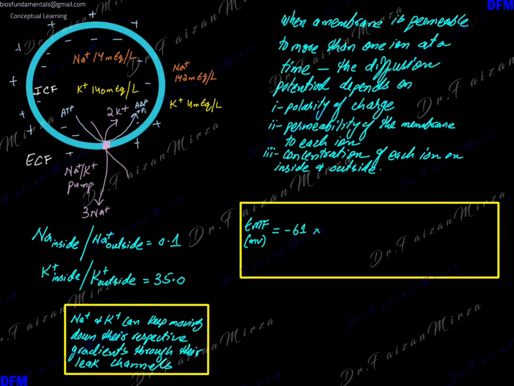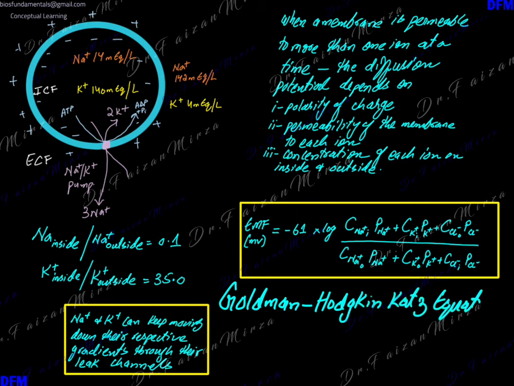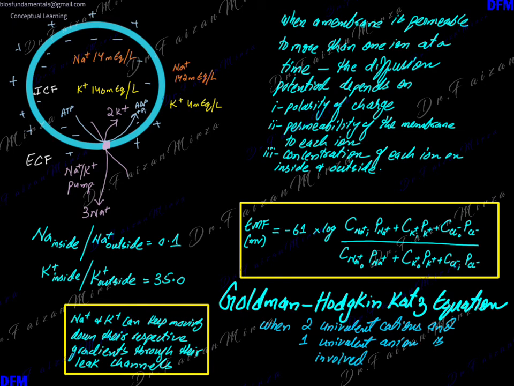In this case, the EMF is calculated by this formula. EMF, in millivolts, is calculated using an equation similar to the Nernst potential, but here the equation is changed. This is called the Goldman-Hodgkin-Katz equation, which is used for calculating EMF when 2 univalent cations and 1 univalent anion are involved.